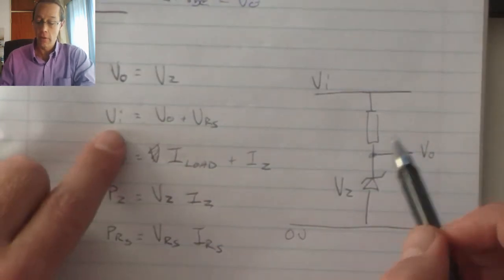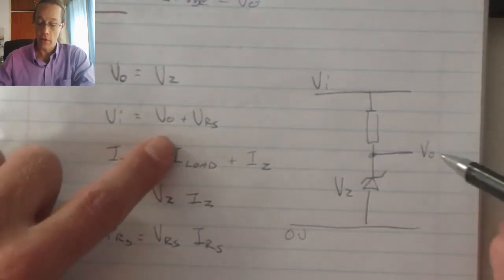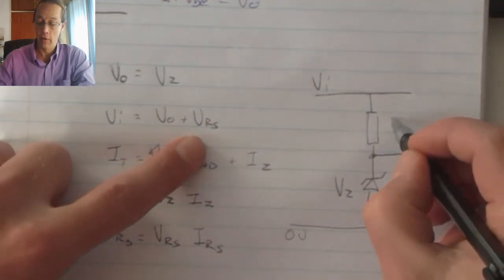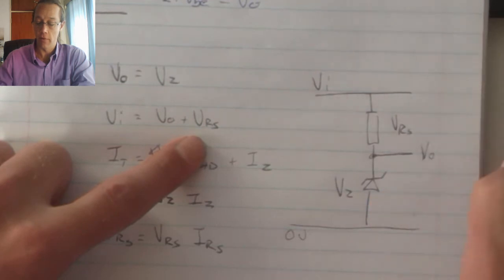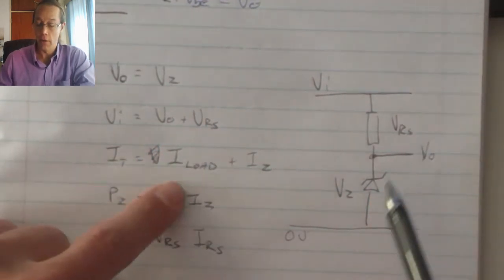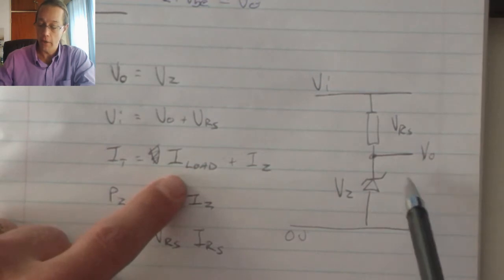My input voltage, we can see, is a combination of the output voltage plus the value of my series resistance voltage. The current flow in total is going to equal the load current.